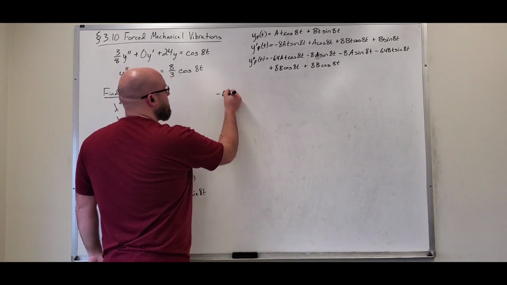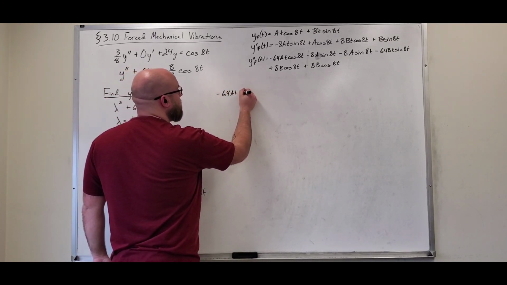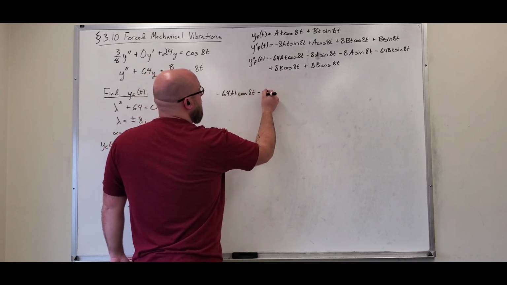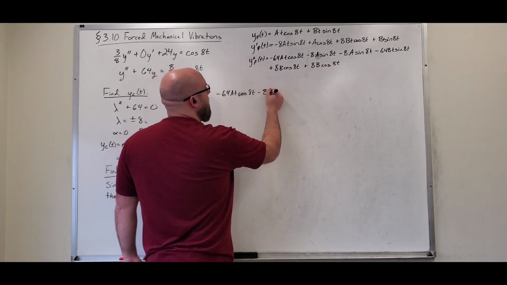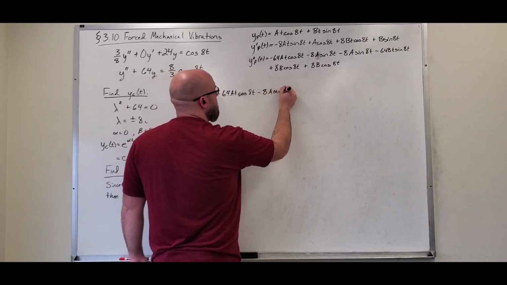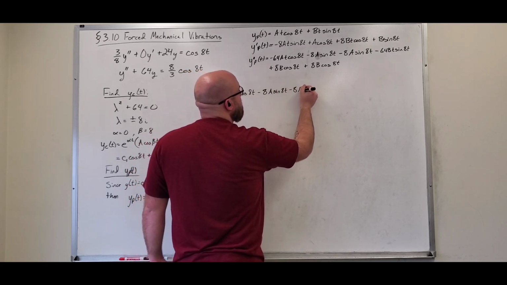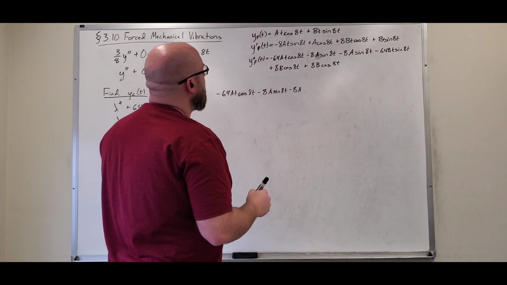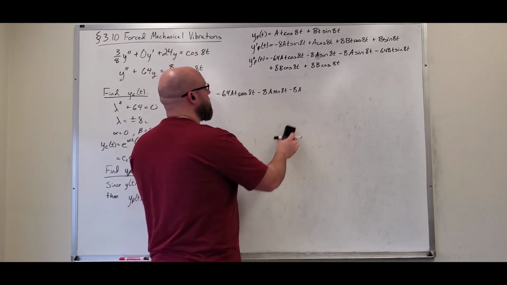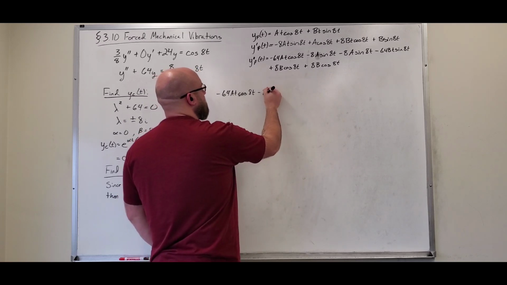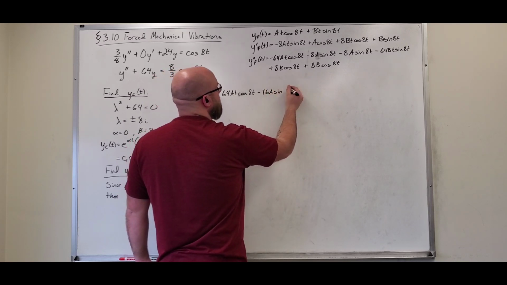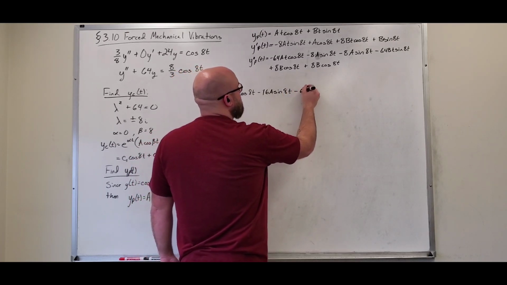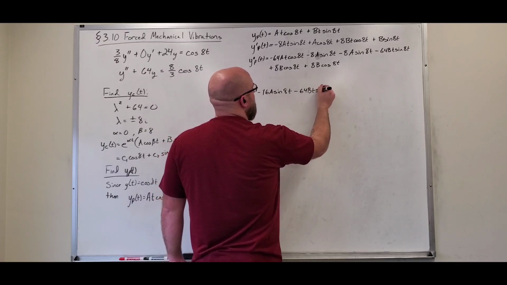So we're going to have negative 64at cosine of 8t minus 8a sine of 8t minus 8a sine of 8t. So that's something nice that we have there. So those two combine. So we're going to get negative 16a sine of 8t minus 64bt sine of 8t.